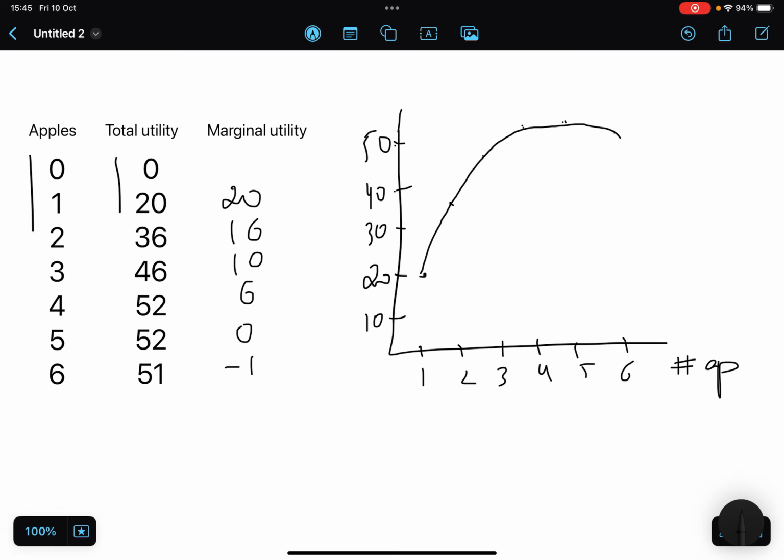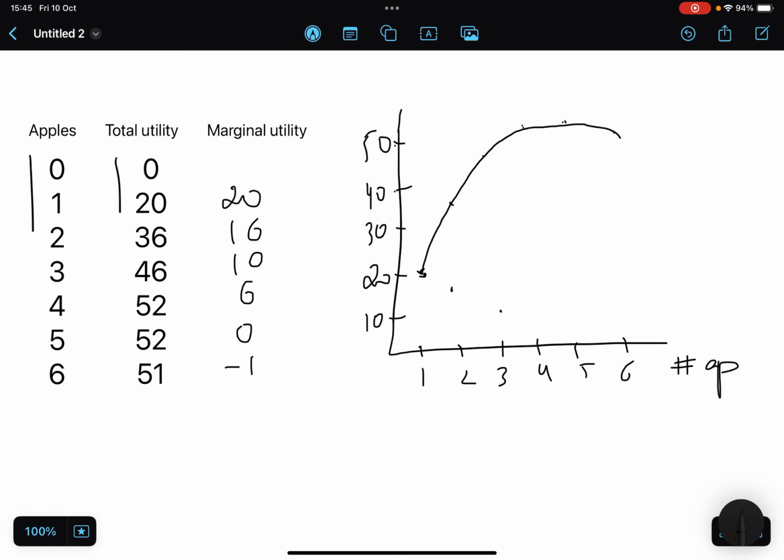So again, we have number of apples on the horizontal axis and the utility on the vertical axis. So as we see from the table, when we eat 1 apple, the marginal utility coincides with the total utility, which is 20 utils. When we eat 2 apples, it is 16. So it's about here. When we eat 3 apples, the marginal utility drops to 10.